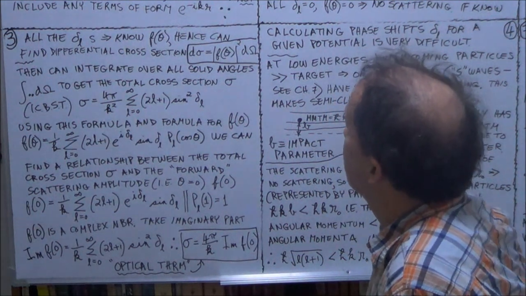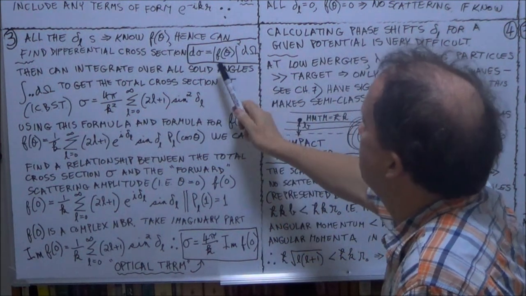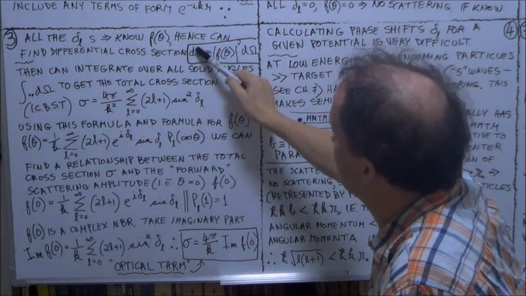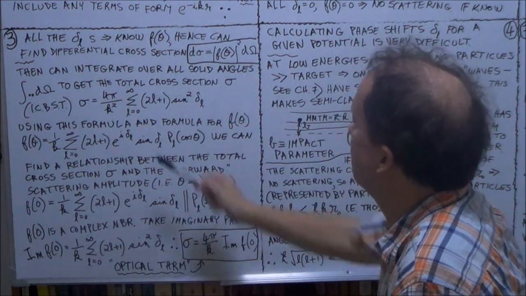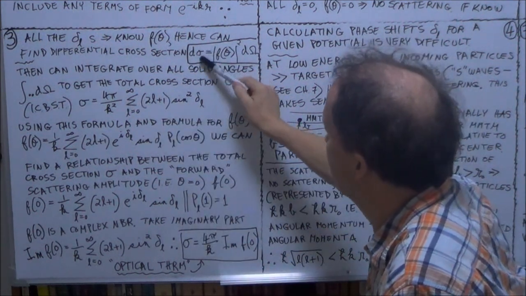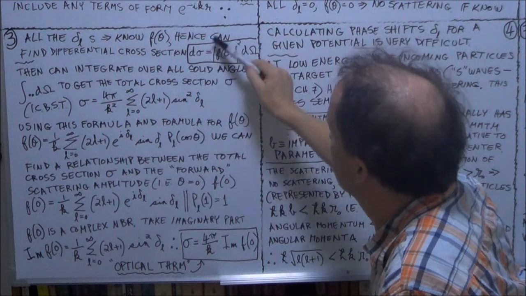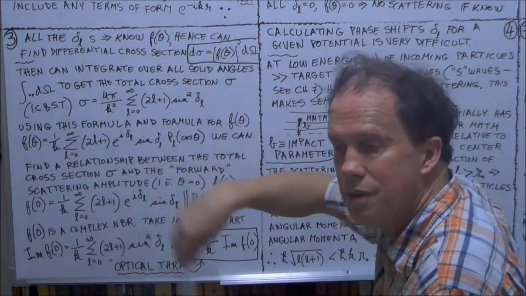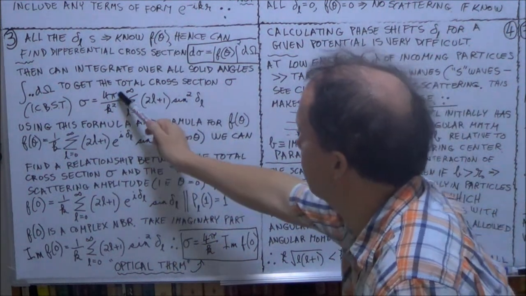Once you've got f squared, you can find the total cross section, in other words, little sigma here, just by integrating this over all possible solid angle, which is 4 pi, of course. That's the total solid angle. That's where this 4 pi comes from.